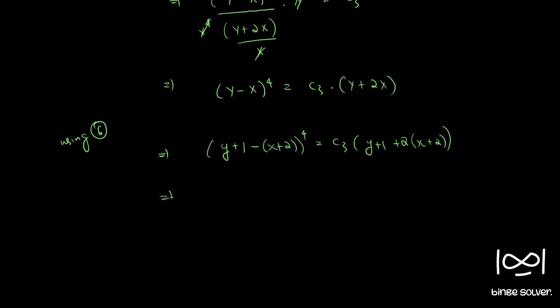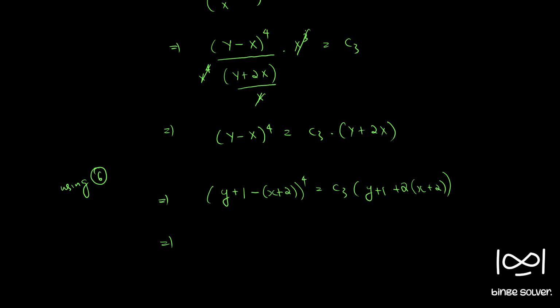So this becomes y minus x minus 1 minus 2, which is minus 1, raised to 4 is equal to c3 into y plus 2x, plus... wrong.